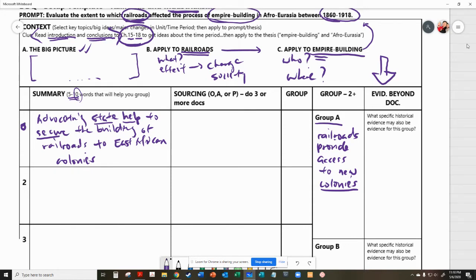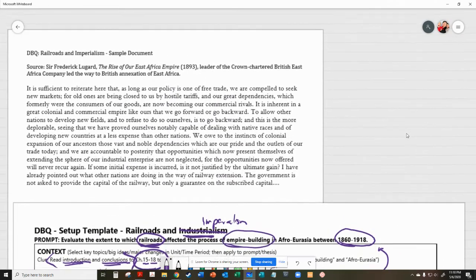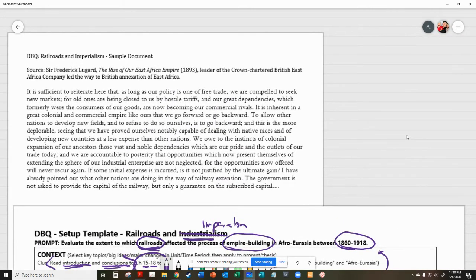Then here comes the more difficult task, and that would be to source the document and to find evidence beyond the documents in regards to empire building. So, sourcing of the document means looking at the occasion, the author, or the purpose for a particular audience. This document is littered with possible instances of each one.